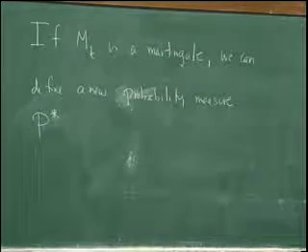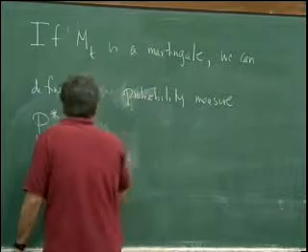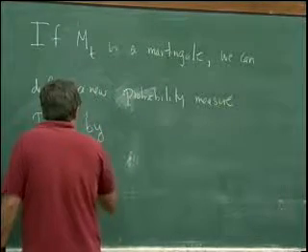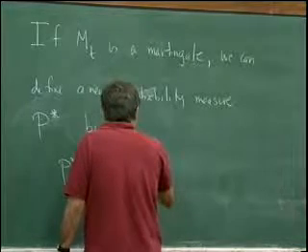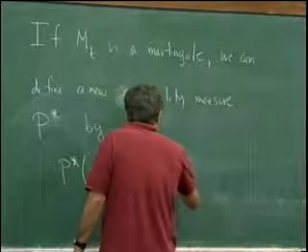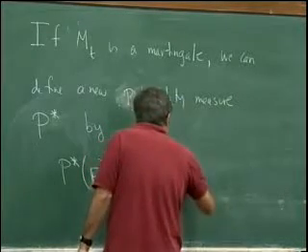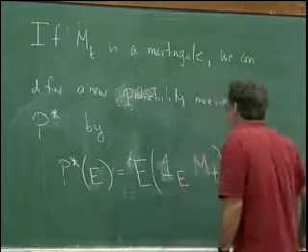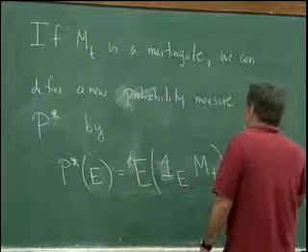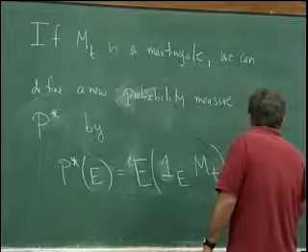We define the probability of an event E to be the expected value of the indicator of E times M_t, if E is in the sigma-algebra at time t.